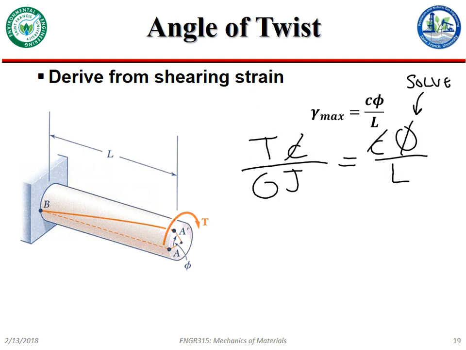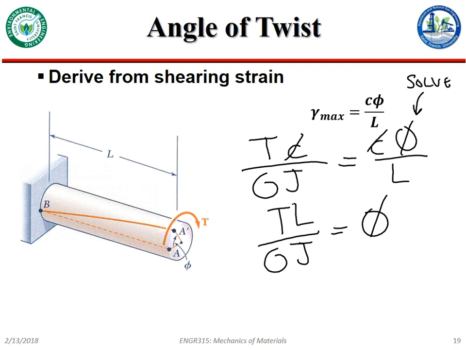So the radii cancel out, and I get something like TL over GJ equal to my angle of twist. Sweet. So now, given a shaft, a loading, and a material, I can get an angle of twist.